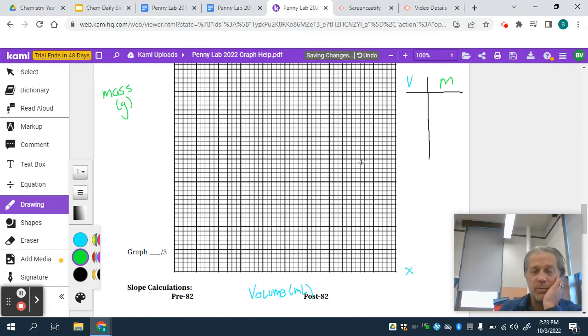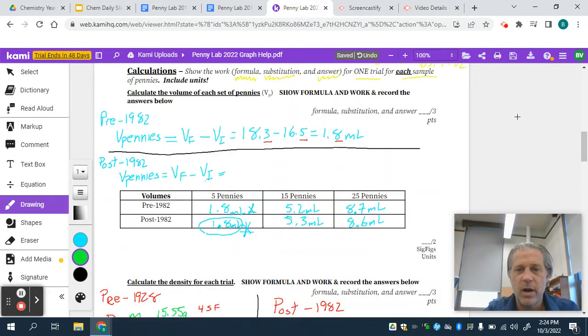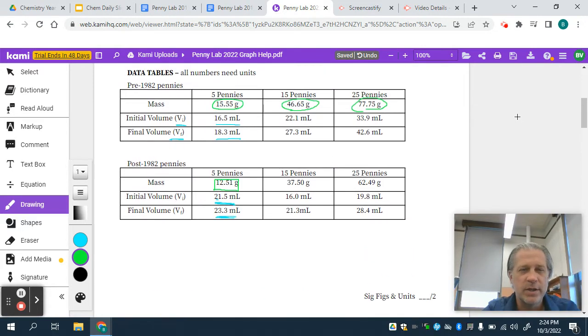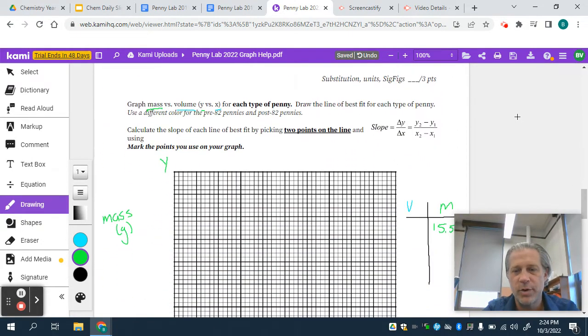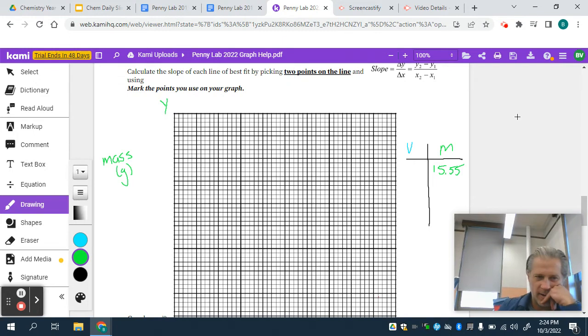My masses for the pre-1982 pennies were 15.55, and I wish I could remember, but I don't, so I had to go back up. It's 46.65 and 77.75. So here are my masses.